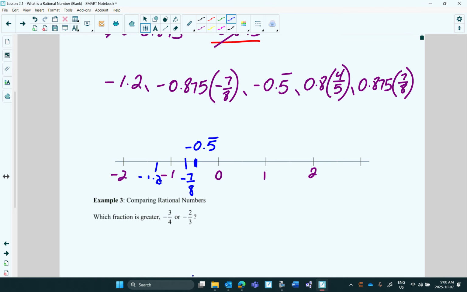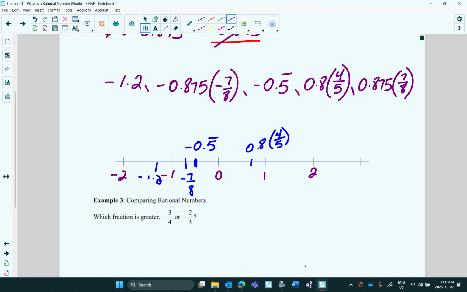How about 0.8 and 0.875? Anybody want to try it? No? About here? That would be 0.8 or 4/5.